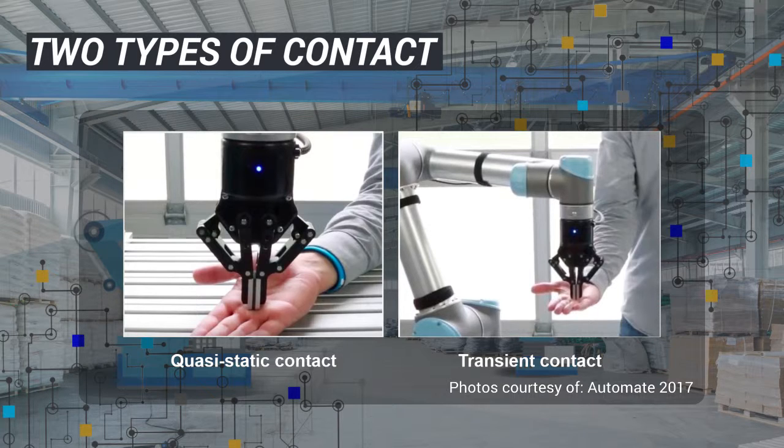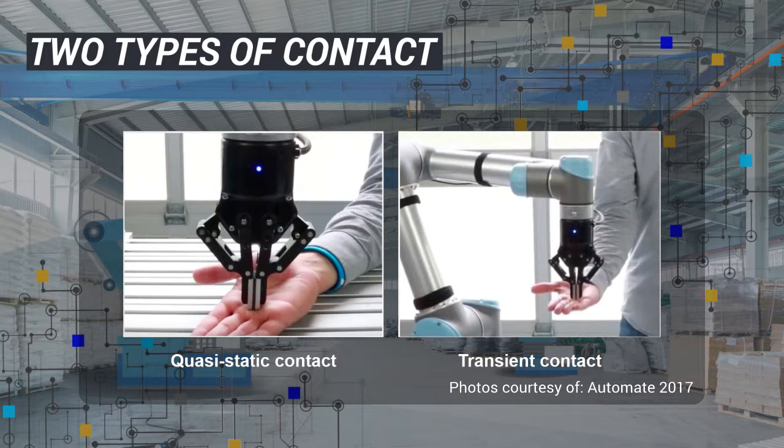A quasi-static contact is one where an operator's body part can clamp between the moving part of the robot and another fixed or moving part of the robot system. In this scenario, the operator's body part can potentially crush, and the operator is likely unable to retract the body part from the contact.